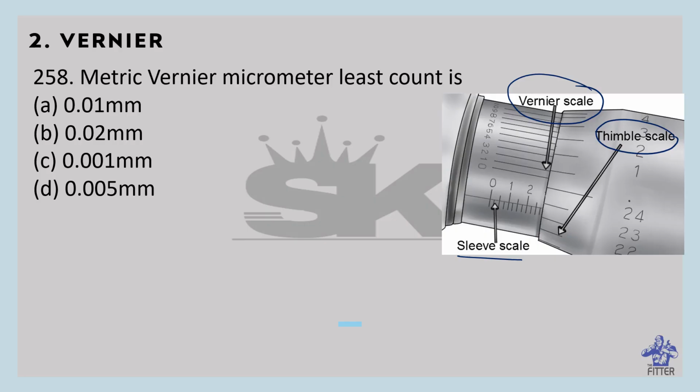So the least count equals pitch by thimble into division of vernier.